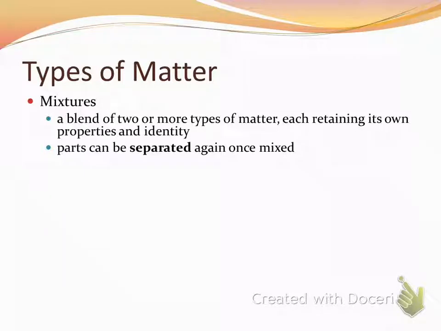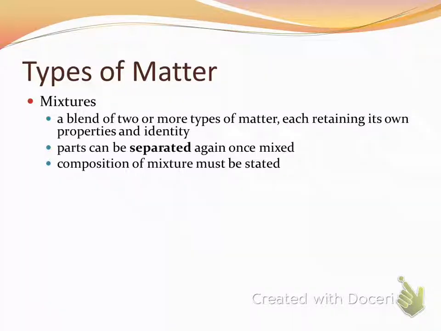Once we make them, we can separate them back out, unlike in a chemical change, where those things are hard to separate. So I want you to start thinking about some types of mixtures that we see in everyday life, and then we'll try to put them into one of these two categories.